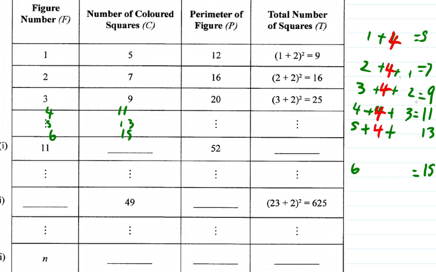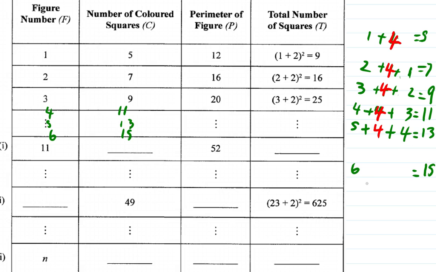is 1 plus 4 equals 5. 2 plus 4 plus 1 equals 7. 3 plus 4 plus 2 equals 9. 4 plus 4 plus 3 equals 11. 5 plus 4 plus 4: 4 and 4 is 8, and 5, 13.